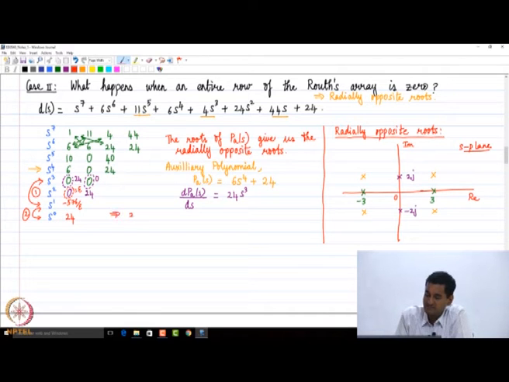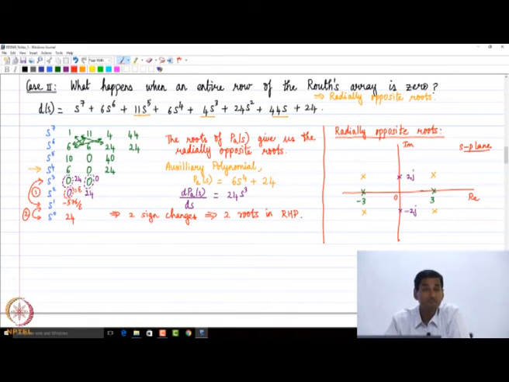So this implies that there are two sign changes, which implies two roots in the right half plane. Yes, you multiply 24 with 24 minus 6 with null entry, divided by 24. So you get, is it clear? I hope my calculations are correct, and that this array is correct. So that's what we get: 2 roots in the RHP.